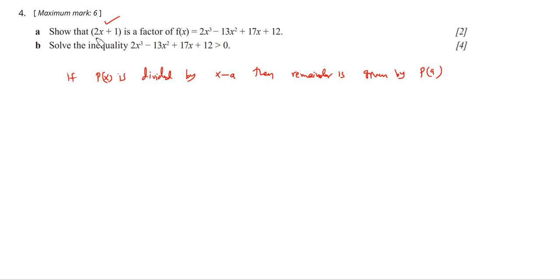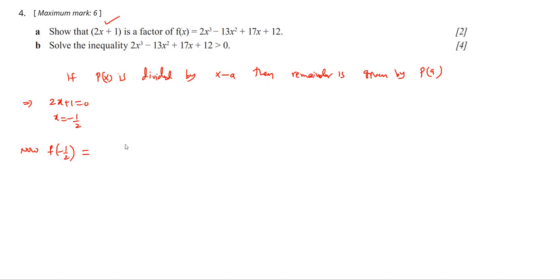In this case, if I want to use that, it would be like this. So let 2x plus 1 equal to 0. That implies x is equal to negative 1/2. Now p of a means f of, in this case the polynomial is f of x. So f of negative 1/2 I need to find. Whatever I get, that is my remainder.